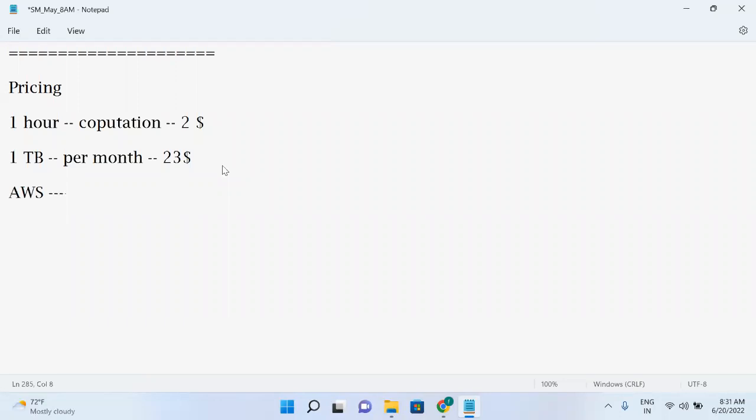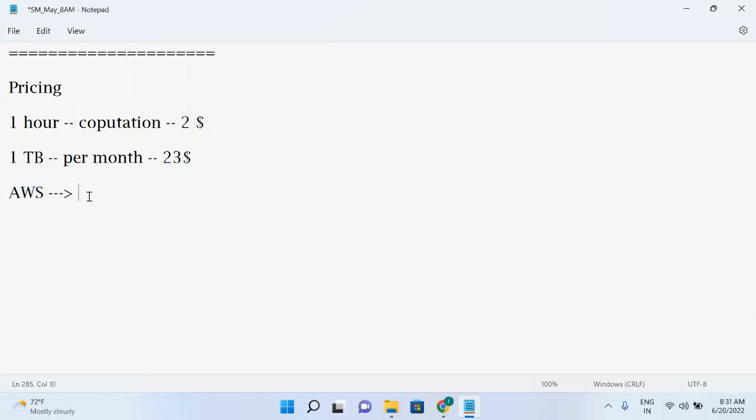Let's assume we are utilizing the AWS platform completely for storage and these services.